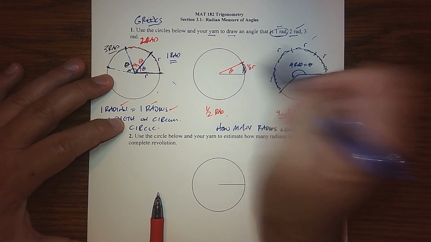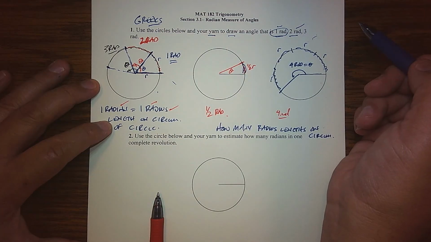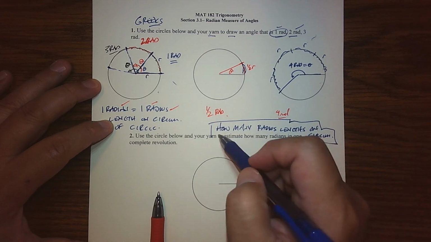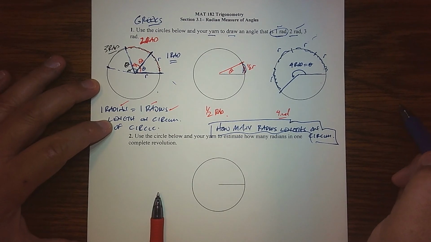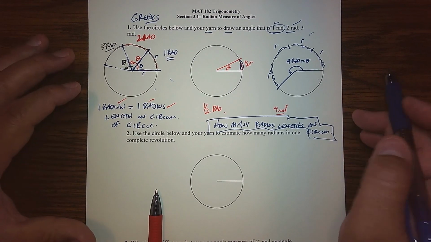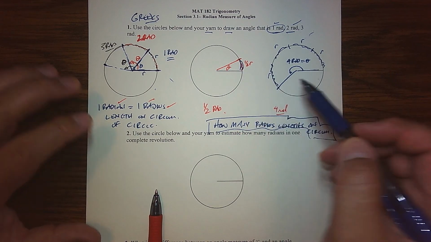I measured half a radius length on the circumference. Over here I measured 1, 2, and 3 respectively. So that's what a radian is. It's a measurement of how many radius lengths there are on the edge of a circle. There are some formulas that we'll talk about in the near future, but it's basically that.